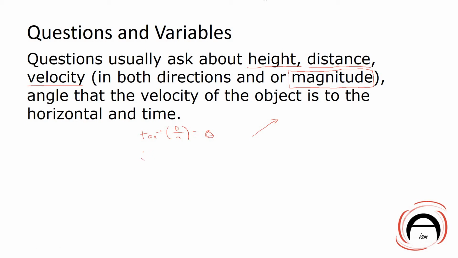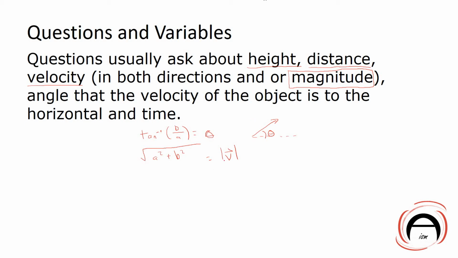So the square root of a squared plus b squared is going to be equal to the magnitude of your vector. So for a vector v, the magnitude would be the square root of a squared plus b squared. They may also ask you for the angle to the horizontal, as I was saying, just that theta right there.